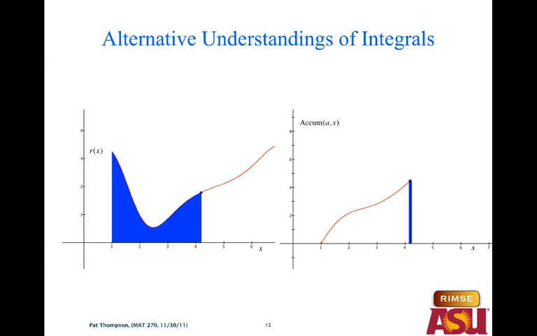For super thin rectangles, the sum of all those areas approaches the total area under the curve to the x-axis. But we want to emphasize that's a superficial understanding, because it has nothing to do with rate of change. If there are applications of it, it's useful, but it's not the main meaning for integral. Our main meaning is net change.